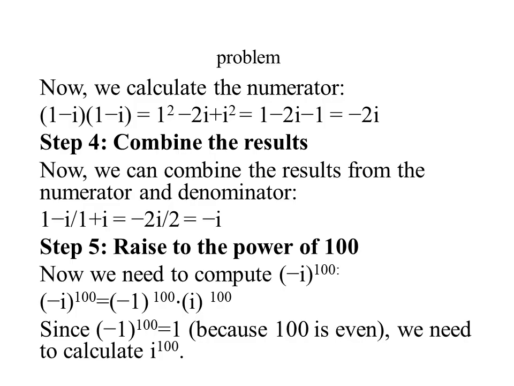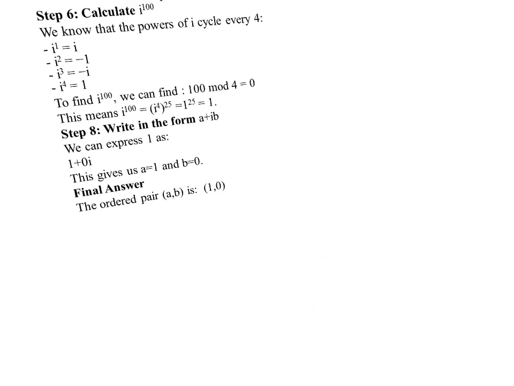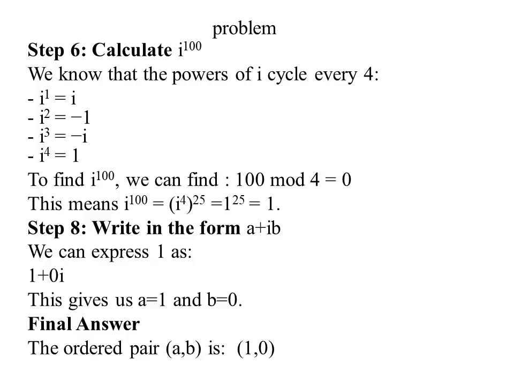Since (minus 1) to the power of 100 is 1, because 100 is even, we have to compute i to the power of 100. We know that powers of i repeat in a cycle of 4: i to the power of 1 is i, i square is minus 1, i cube is minus i, and i to the power of 4 is equal to 1.